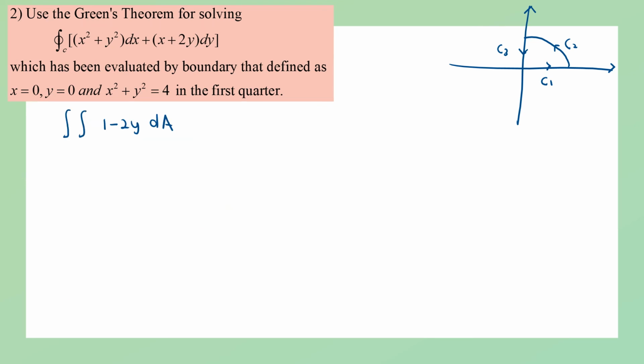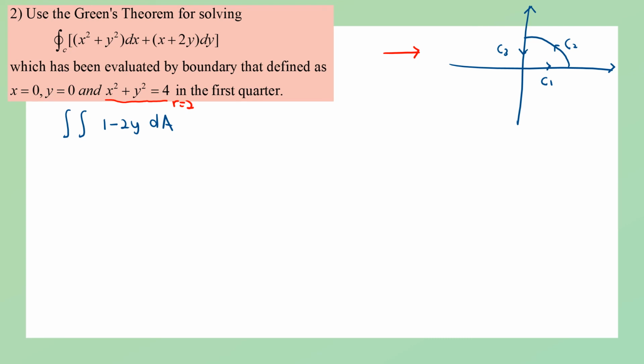In the previous slide, we got the double integral of 1 minus 2y dA. Now we want to find what dA is. You can look at the question. The question gives you x squared plus y squared equal to 4, and you know that this is a circle with radius 2. Or you can refer to the figure that we sketched before. We have the first quarter of a circle.